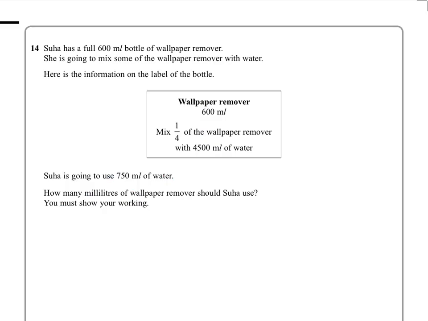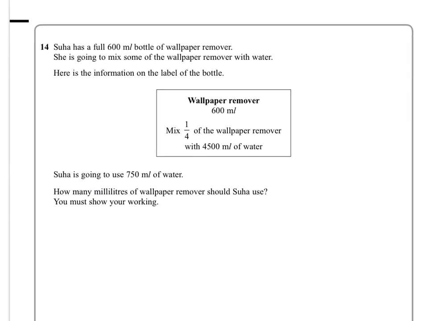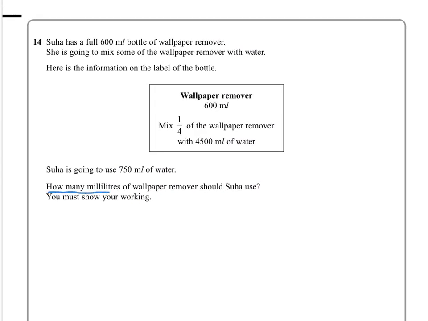So for this question, you've got to work out how many millilitres of wallpaper remover should Suha use. Well, it says here that the information it gives you is that for every 600 mils of wallpaper remover, you've got to mix a quarter of the wallpaper remover with 4,500 mils of water.